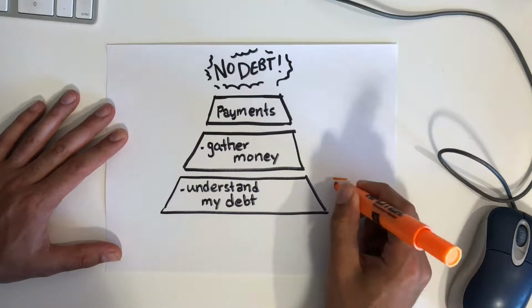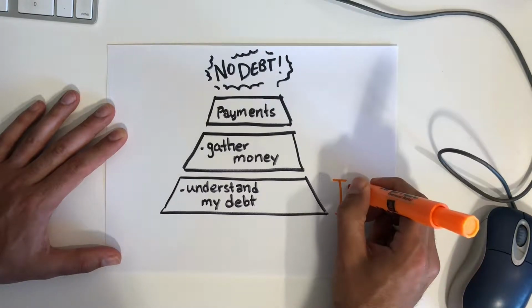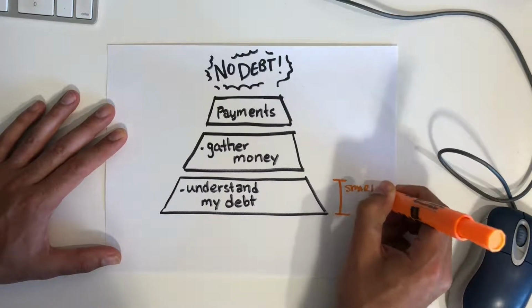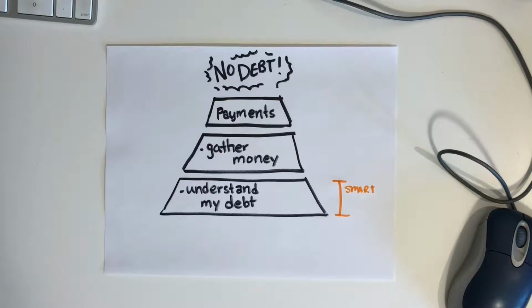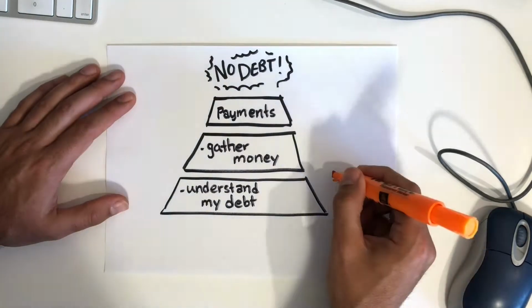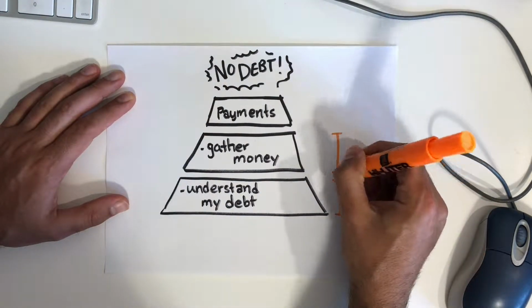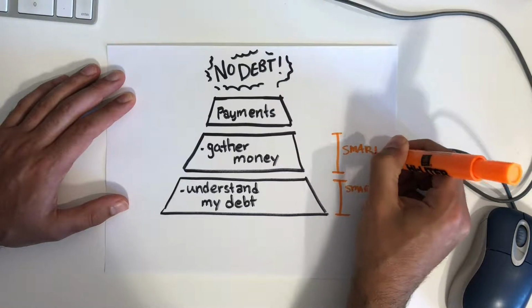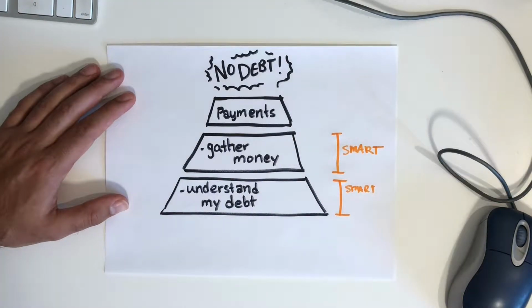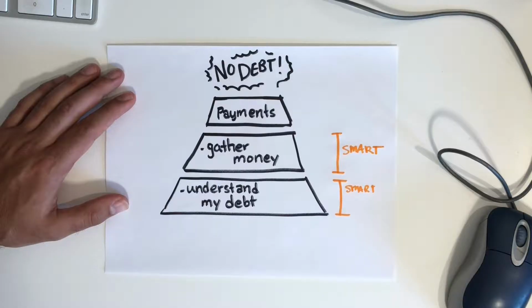So for the bottom step, you may say, I will understand the interest rates, payment schedule, and ask about options by calling the loan institution before the end of the week. That makes it a SMART goal. Moving one step up, you could say, I'll brainstorm ways to pay for the loan or pay off the loan quicker. Maybe I'll get a second job, or maybe I'll sell some of my things on Kijiji, or maybe I'll become an Uber driver.